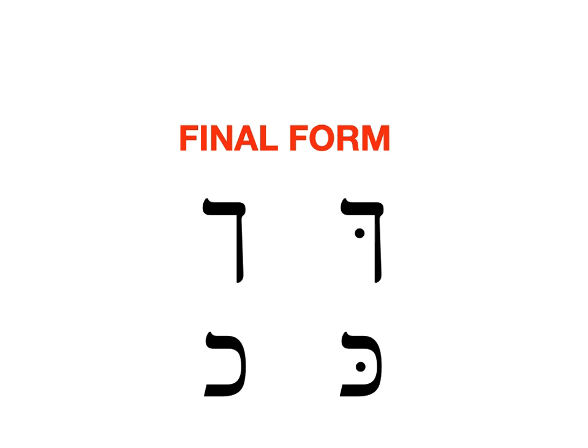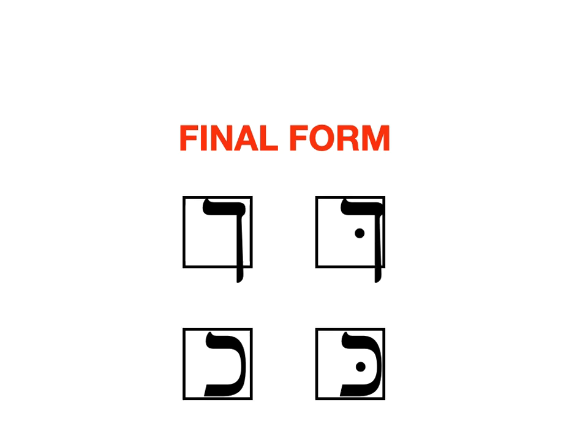Instead of writing it like the opposite of a C in English, you write it kind of like a dalet, but it goes outside the square. Notice the dalet would be inside a square, but the final form of a kaf goes below the lines, outside the square. It is used only at the end of the word to help you know that that's the end of the word.